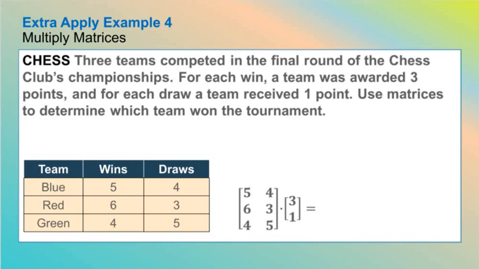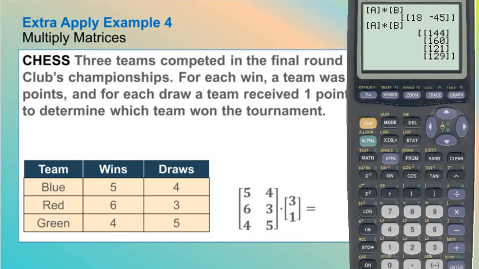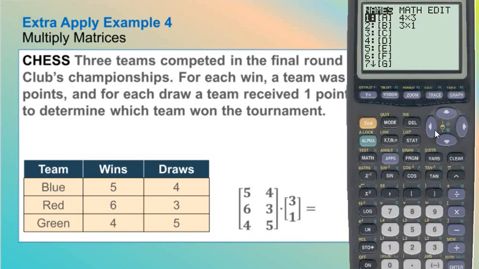Next, 3 teams competed in the final round of the chess club's championships. For each win, a team was awarded 3 points, and for each draw, a team received 1 point. Use the matrices to determine which team won the tournament. So again, we have our matrices down here. Put them in our calculator. So second matrix, edit.